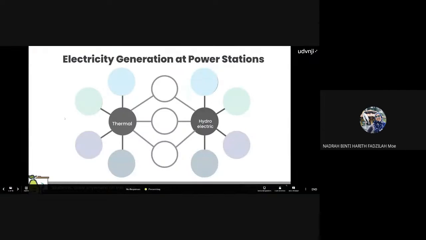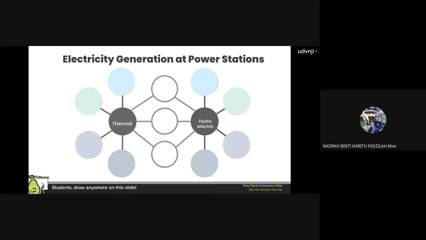Okay, now let's take it further. Based on the graph that we discussed just now, berdasarkan fuel sources yang kita discuss tadi, kita dapati the majority of electricity generation at power stations in Malaysia adalah thermal energy followed by hydroelectric power station.